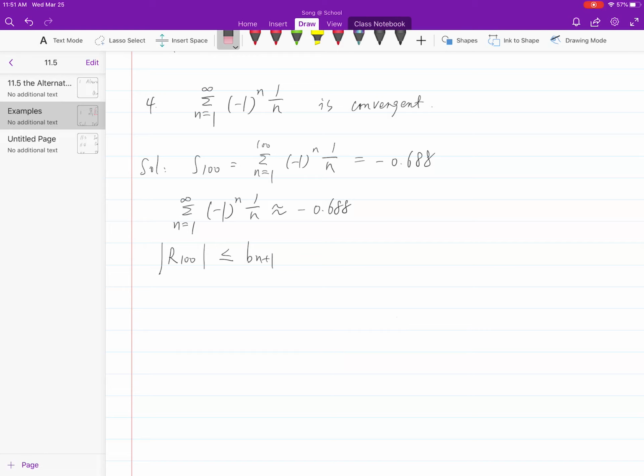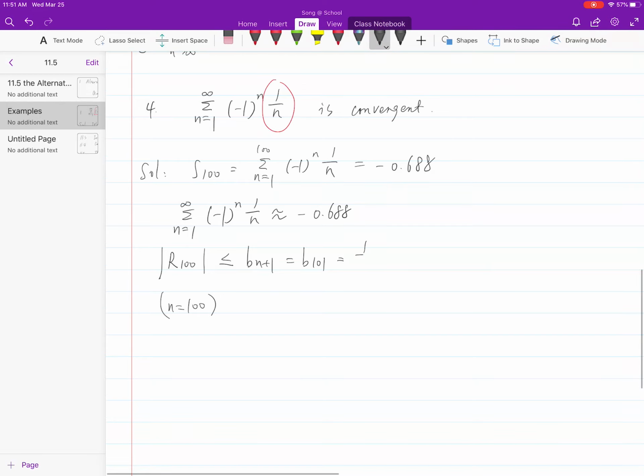Okay. What is n plus 1? That is going to be B101 because your n is 100. That tells you B101 is nothing but, remember this is your Bn, is roughly 0.01. Okay.